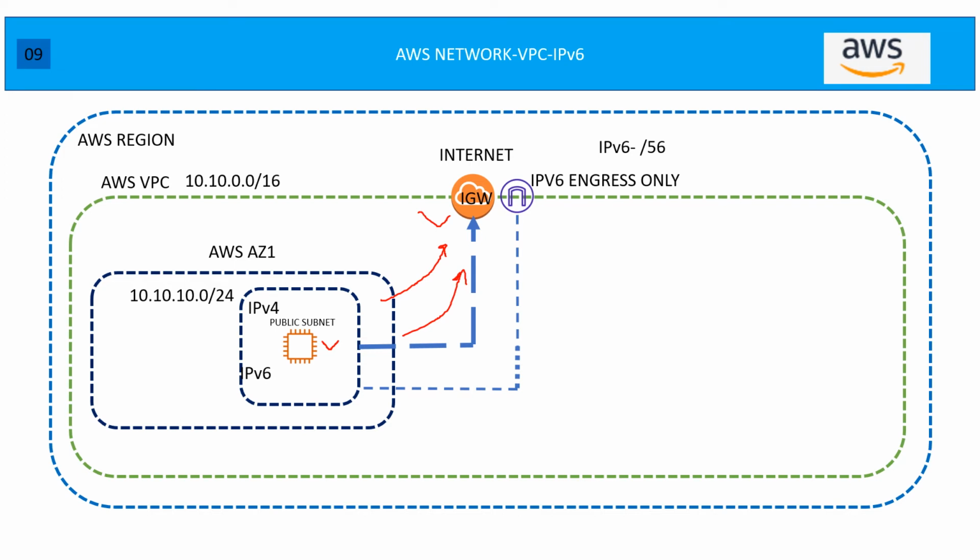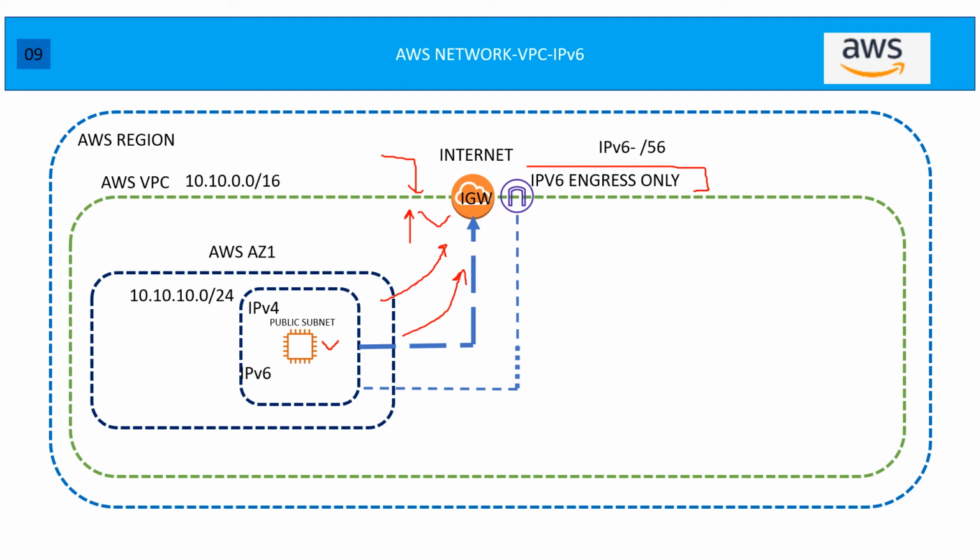I'm going to introduce an IPv6 egress only gateway. What does it mean? Earlier, all my outbound traffic and all my incoming traffic, whether it's IPv4 or IPv6, was being handled by IGW.